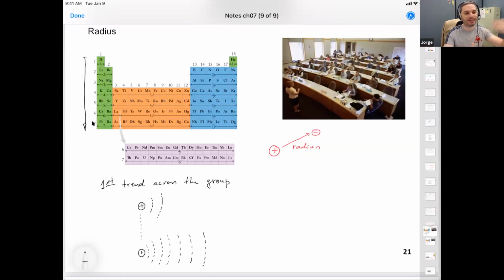So you are adding electrons far from the nucleus. Any new extra shell will result in an increase of the radius. Therefore, moving from top all the way to the bottom of the group increases the radius.